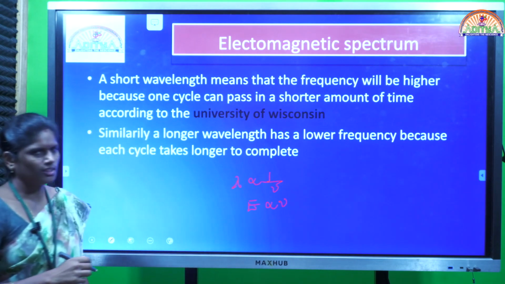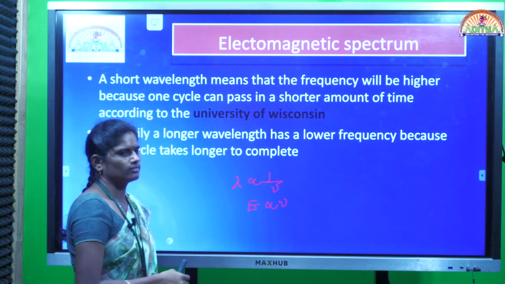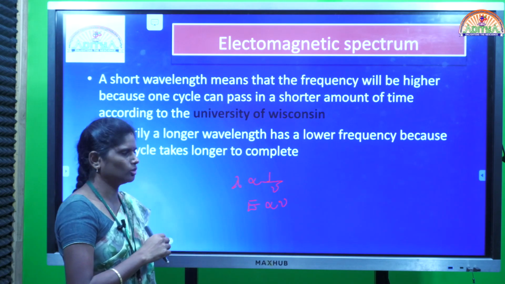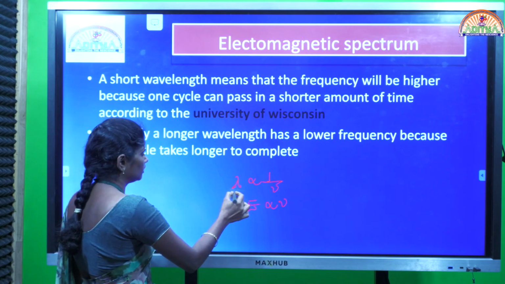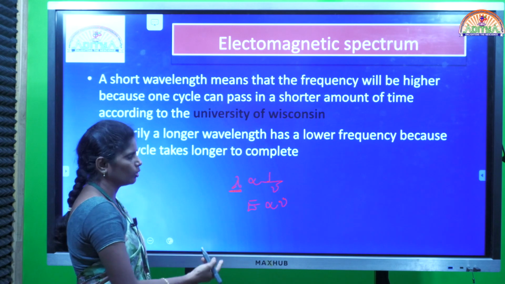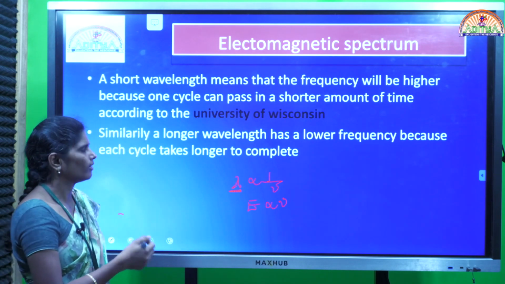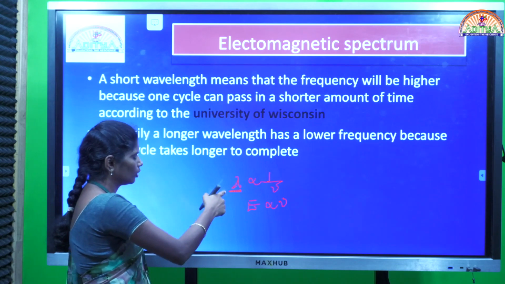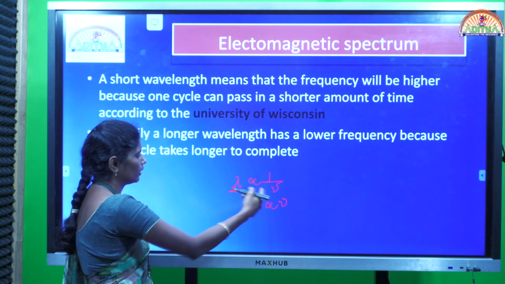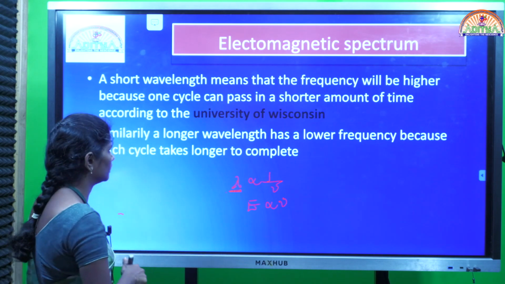So the wavelength of the radiation is inversely related to the frequency, and the frequency is directly related to the energy of radiation. So the radiation with shorter wavelength will have more frequency, and more frequency will have more amount of energy. And similarly vice versa, the radiation with longer wavelength will have lower frequency, which is also known to possess lower energy.